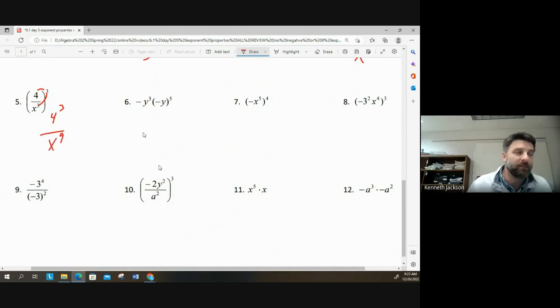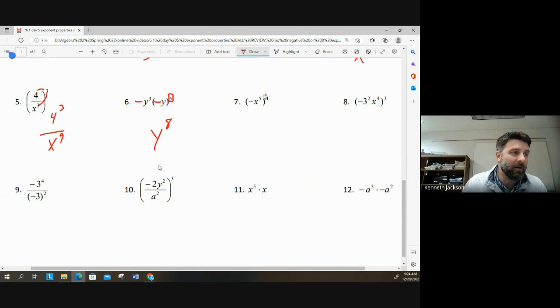Here's a problem with negatives, and we need to understand how many negative signs there are in number 6. There's one negative sign here, because it doesn't belong to the 3, but there's 5 negative signs here. So there's 1 here and 5 negative signs because of that exponent. So there are 6 negative signs total, which makes my answer positive y to the 8th. Multiply by the same base, add the exponents.